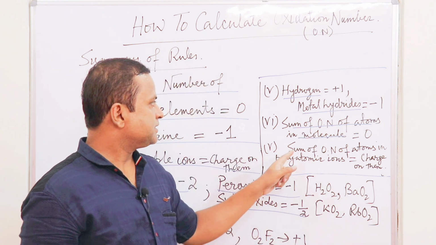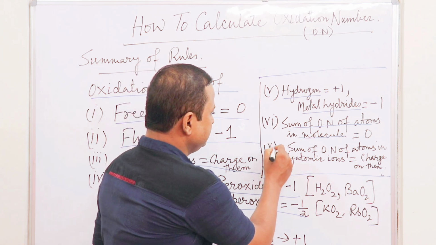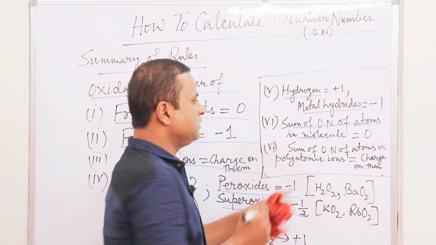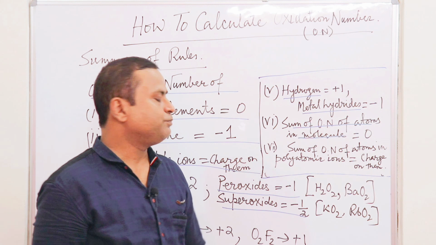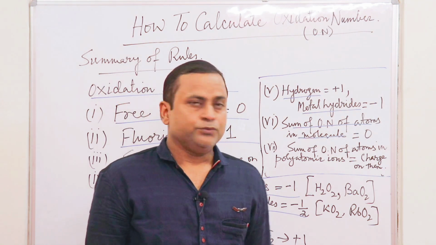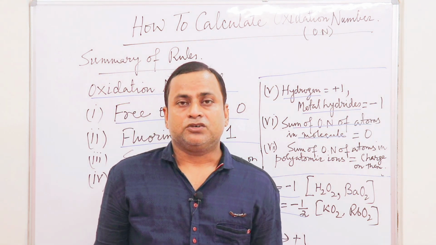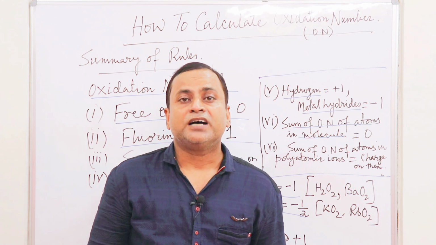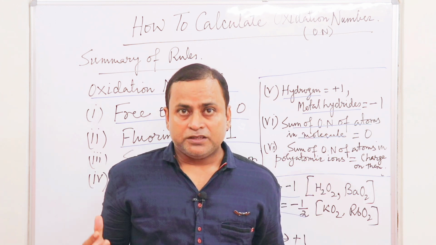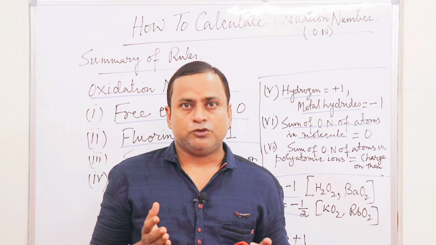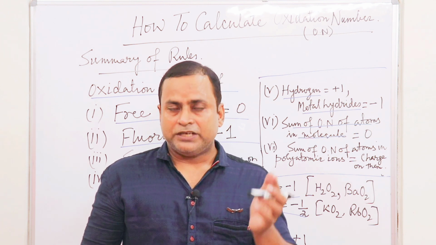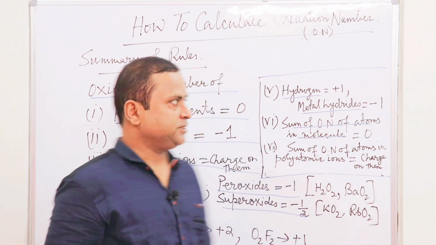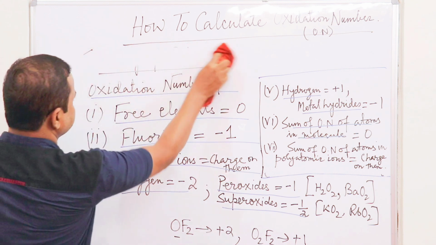And finally, the 7th one, the sum of oxidation numbers of atoms in a polyatomic ion will be equal to the charge present on them. So keeping these things in mind, you have to calculate the oxidation number. So let's solve some questions keeping these things in mind.